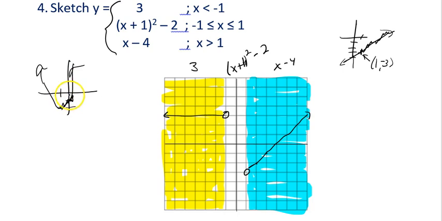The vertex landed at -1, -2 based on my shift. And I'm on -1 for the start. So I just need to make sure I put a closed circle there at -1, -2. Definite closed circle. I'm going to go ahead and find out what 0 and what's happening at 1.